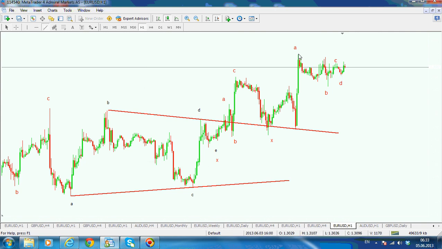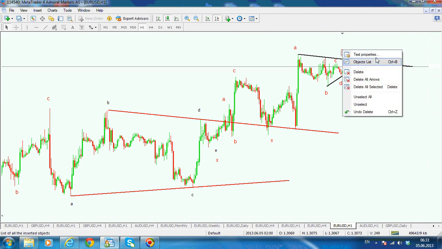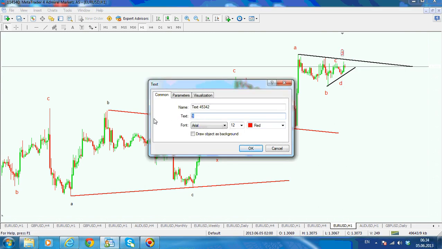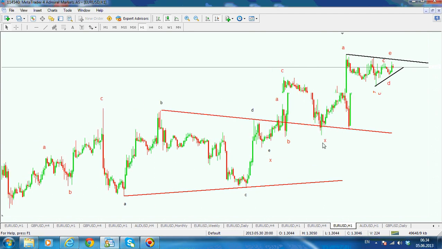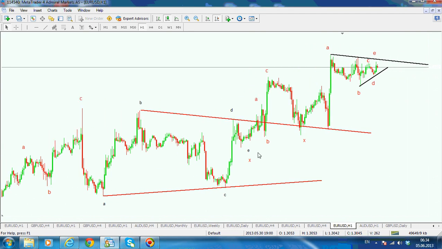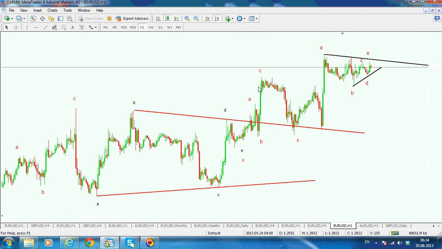As long as this trend line holds, then you're looking for this one to break to the downside, and if this one breaks to the downside, then more likely you have your E wave down here, and this is how you put your price action on the current price section on this structure.